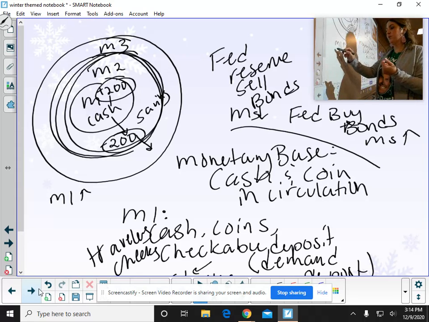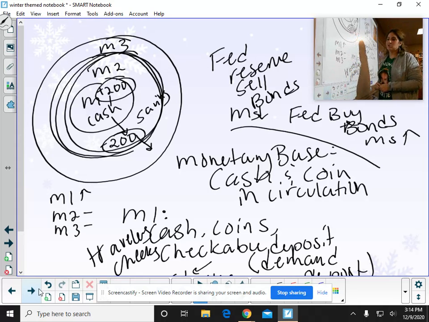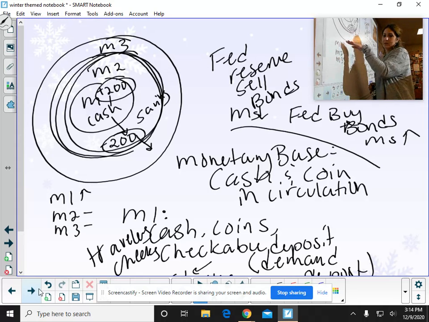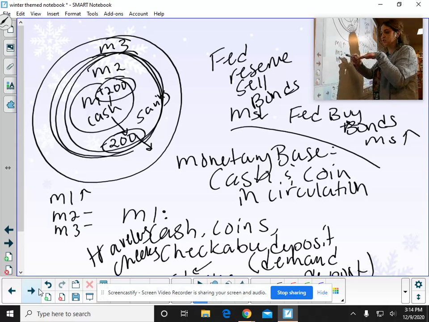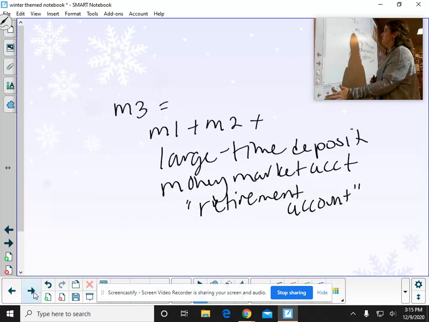So while M1 went up, M2 stayed the same, as well as M3, because it just transferred from one type of M to another, but that transaction includes what happened in M1 as well. So those are kind of weird scenarios of when something changes, does it ripple out? Does it have an effect? So those are the M's.